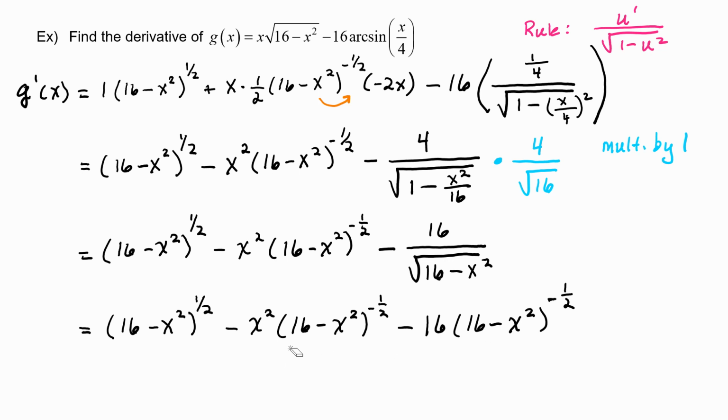Now these two are like terms, and we can combine them. So we are going to get the quantity 16 minus x squared to the 1/2. Now we can factor out a negative, so let's put the minus sign there, and we can factor out a quantity 16 minus x squared to the negative 1/2.